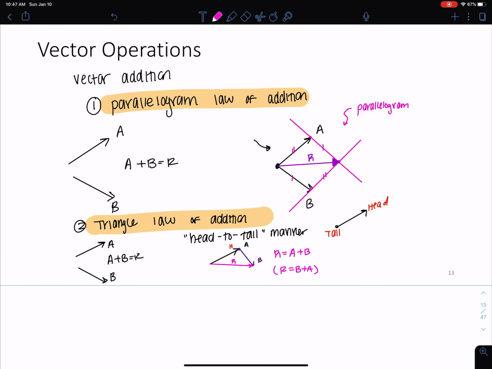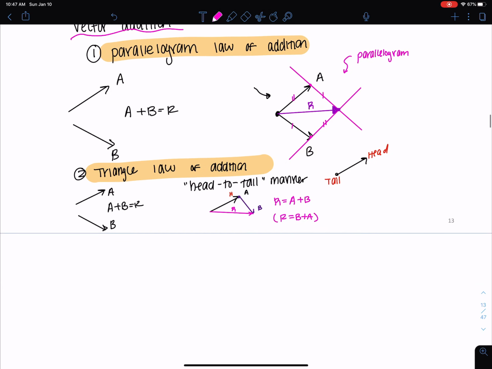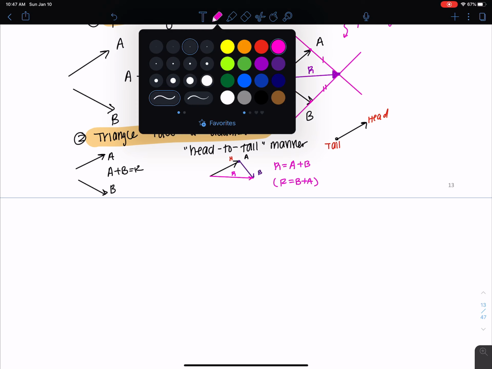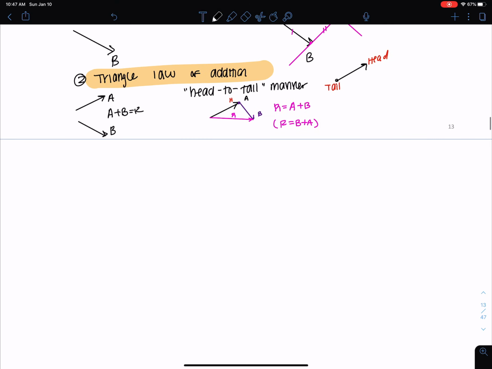Now we're going to move on from vector addition to vector addition of forces. So let's now extend this discussion to adding forces through vector addition.